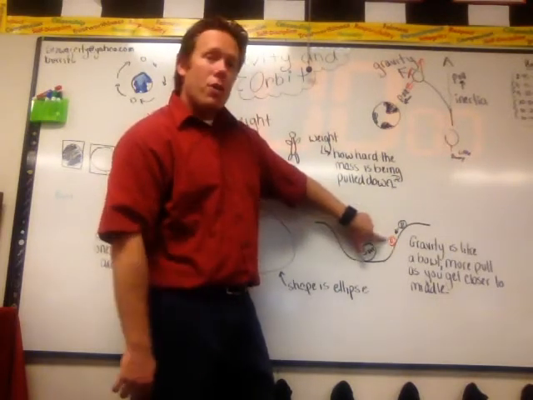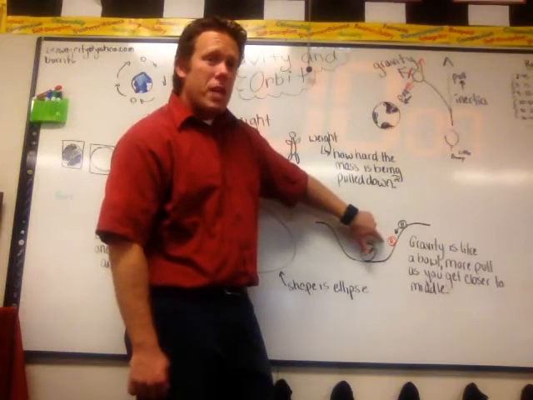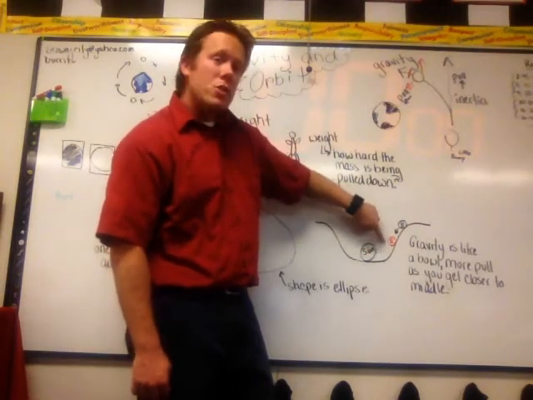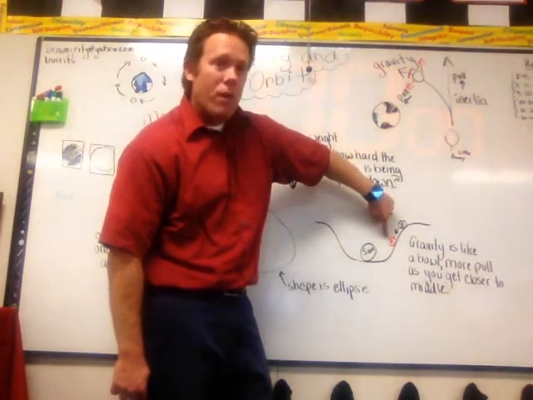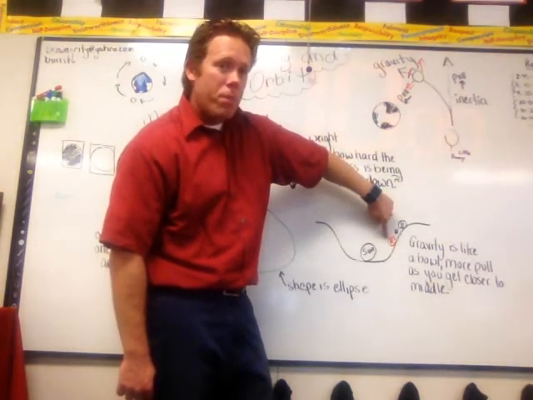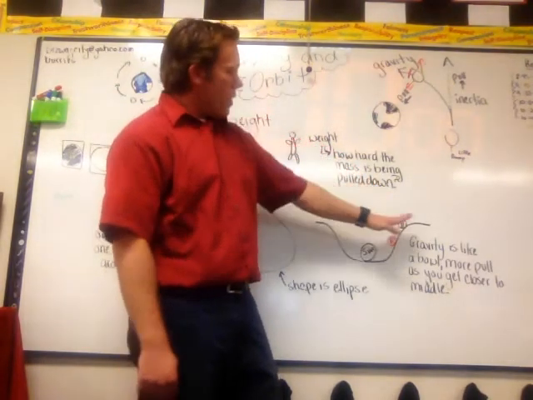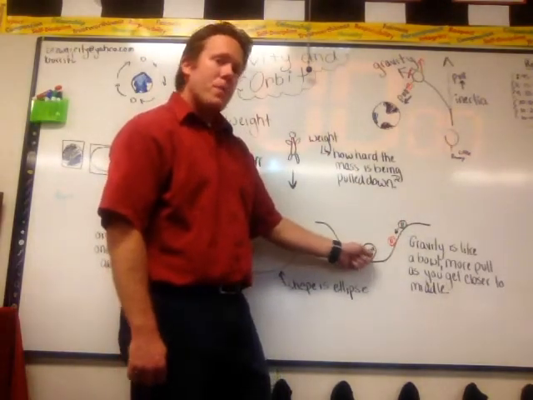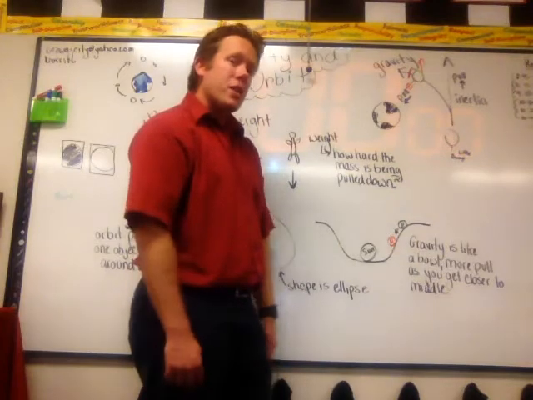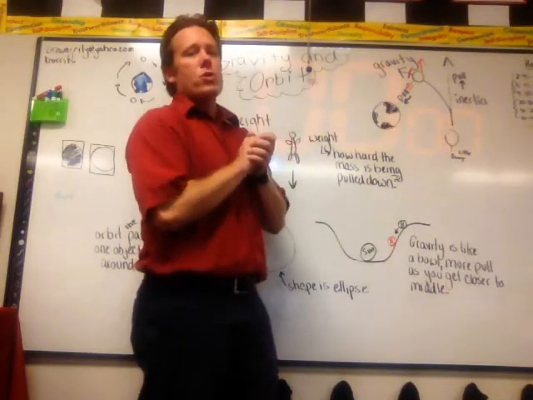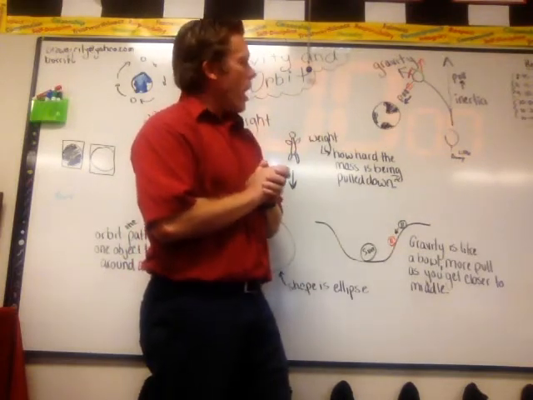But let's say now the Earth is here. The Earth is going to be pulling towards the sun a lot faster, because look how much farther down it is on the slope, right? So the same thing. The closer you get to an object, the faster it's going to get pulled in. The stronger the attraction is going to be the closer you get to the object.